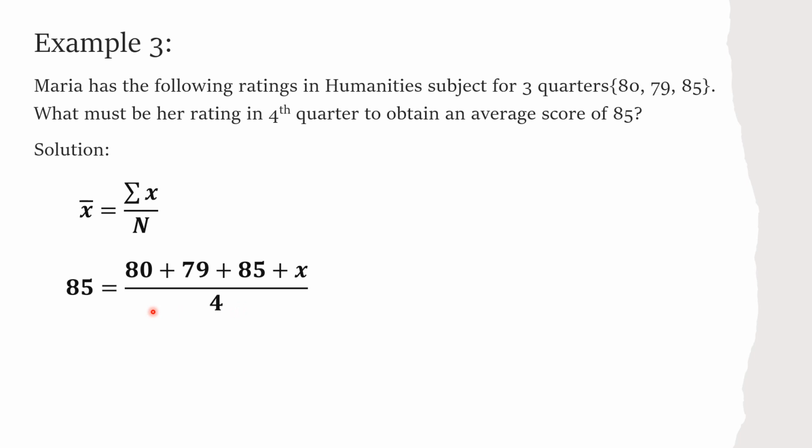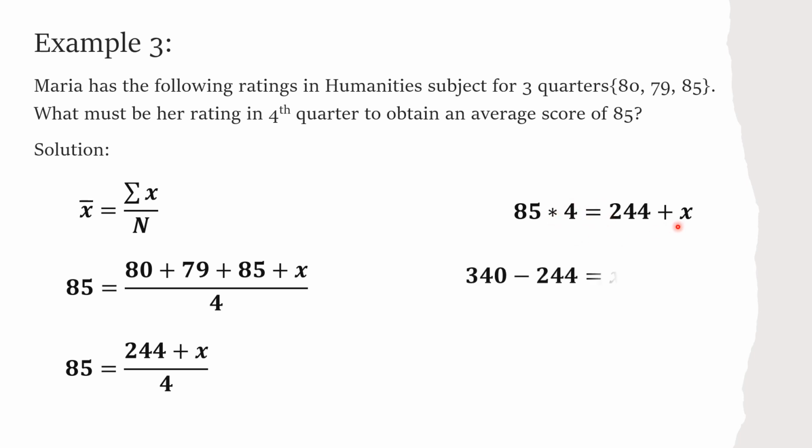Then add the 3. That's 244, because 80 plus 79 plus 85. Then multiply 85 by 4. That leaves us 244 plus X on the other side.